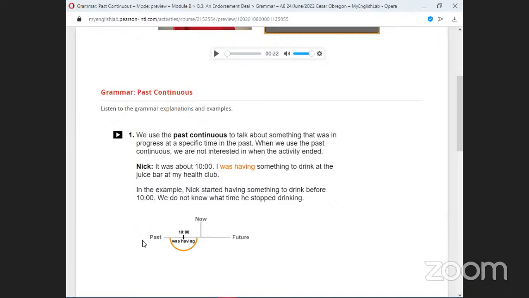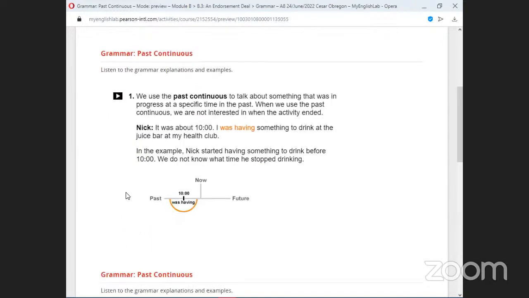I love these graphs. They help us a lot, right? I remember in one lesson we had this kind of picture. I know that we saw this, but I don't know why we are learning this again. I don't understand that. Because I remember that I had a picture like this.